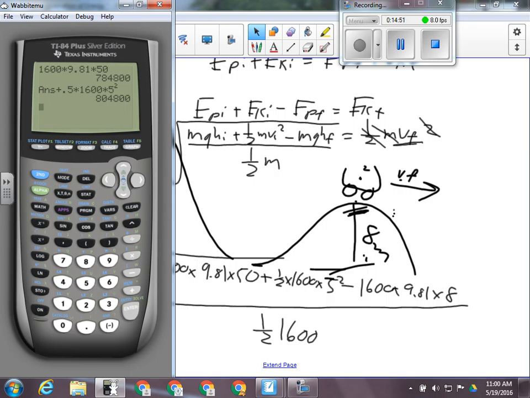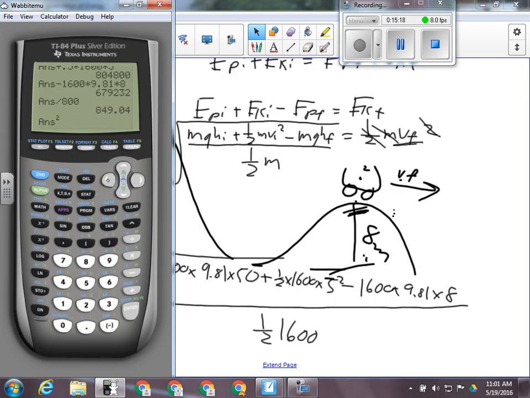Now I'm going to subtract my m times g times hf, so that's going to be 1600 times 9.81 times 8. Now I'm going to divide by half of 1600, which is 800. And then I square root.